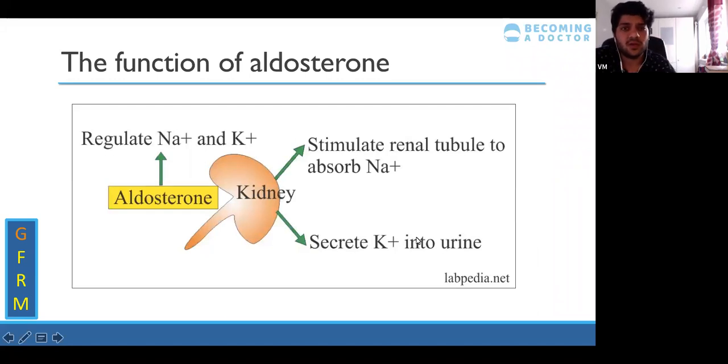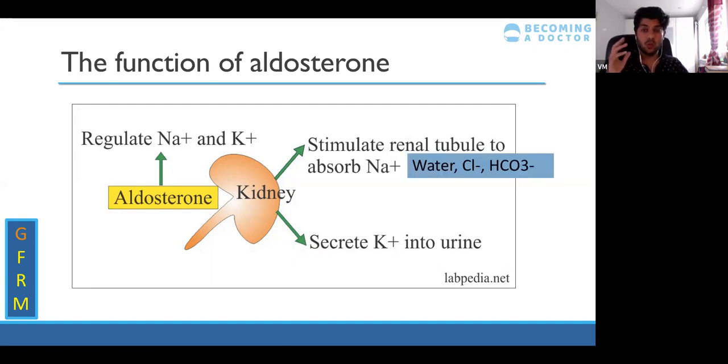So let's have a look at the function of aldosterone. Like I said before, aldosterone has an impact on the kidneys, and it regulates the salts of sodium and potassium. What it does is sodium gets reabsorbed back into the body, and as a result, general principle of medicine, wherever sodium goes, water goes. So water is also reabsorbed, as well as a few other ions.